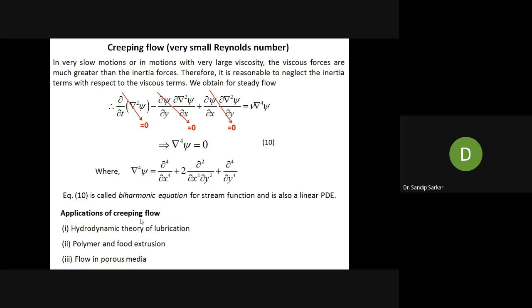Those are lab on a chip applications. Fluid mechanics has huge application in lab on a chip applications. In all those applications, the velocity of the fluid is very, very small, of the order of 10 to the power minus 3 if you calculate the Reynolds number.